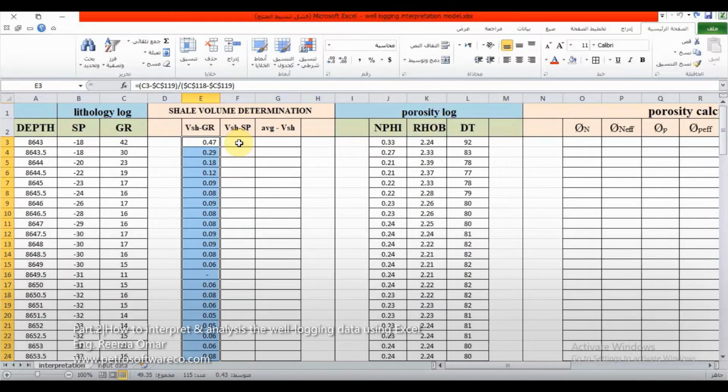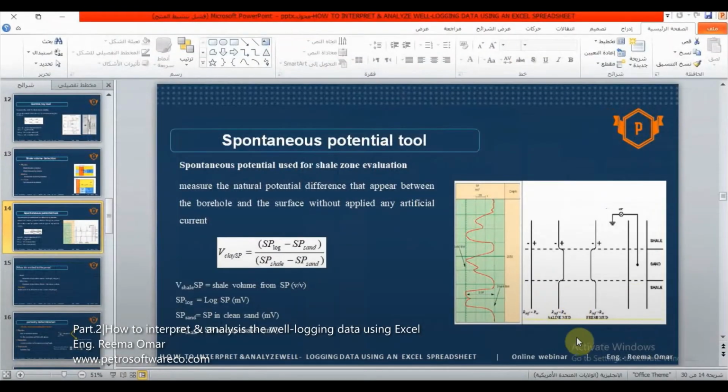Next step, we'll calculate the shale volume based on the SP method. Based on this figure, when the resistivity of mud filtrate is smaller than formation water resistivity, the SP reading will be positive.